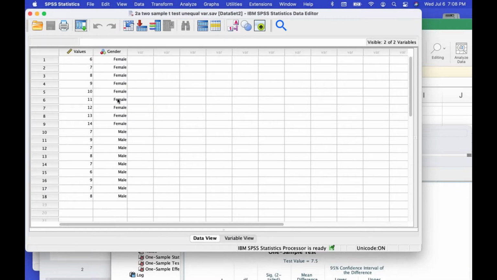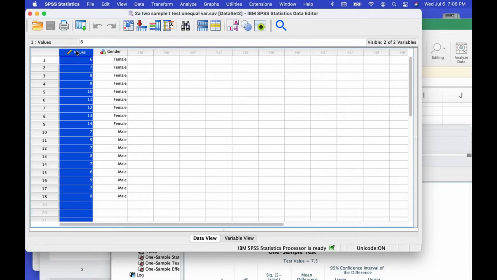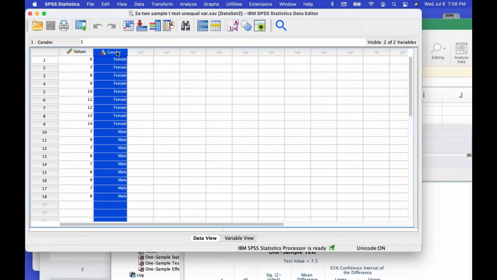Now notice I had to organize the data differently in SPSS. Where before it was a column with male and female, now I have to identify them as 2 different variables. This column has the value, and this column has the nominal variable for gender.